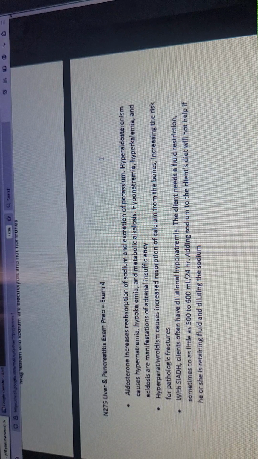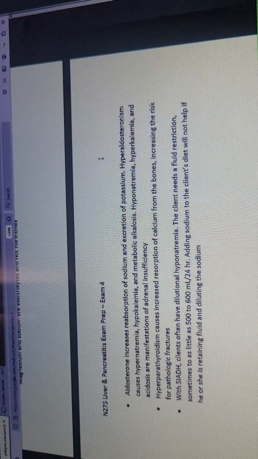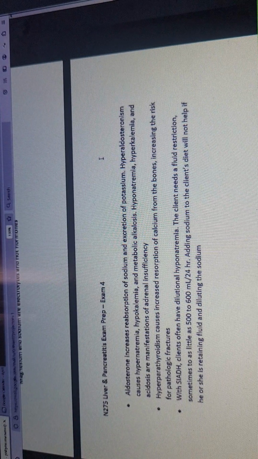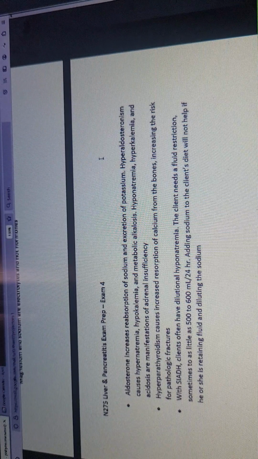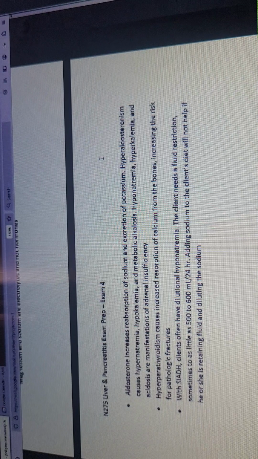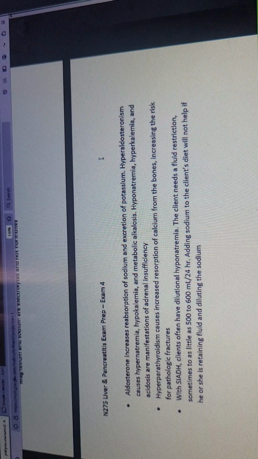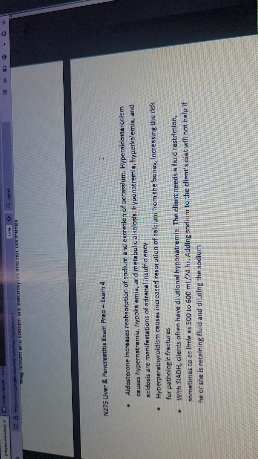It's going to cause you to have hypokalemia. Because of that water volume being so increased, it's going to be more solute, right? So therefore, it's going to be more of an alkalotic environment versus it being acidotic. So hyponatremia, hyperkalemia, and acidosis are manifestations of adrenal insufficiency.